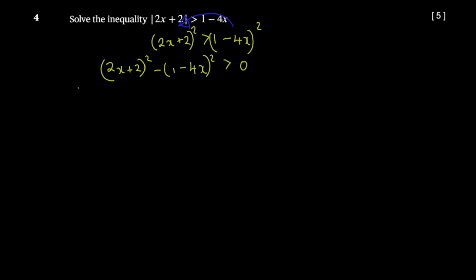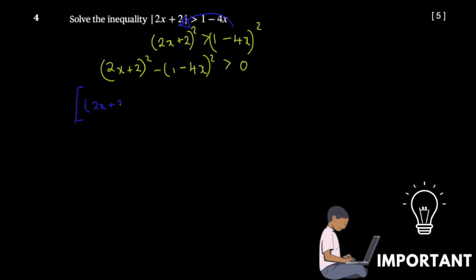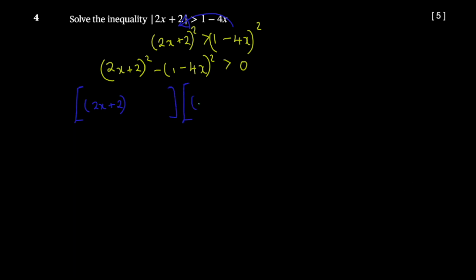If you have two squares, we know that you can put the square root of the first square here, and then the square root of the second here. So you can say 2x plus 2 here, then 2x plus 2 as well, and then you add the other square root to one side, so it'd be 1 minus 4x here, then minus the same square root, so it'd be 1 minus 4x here. Now you can proceed and solve this.